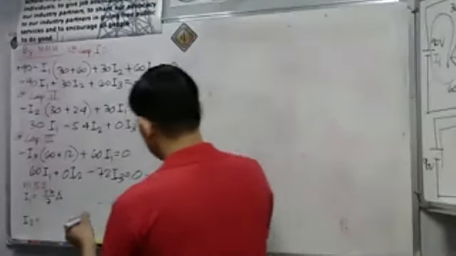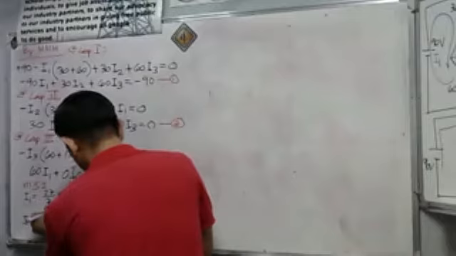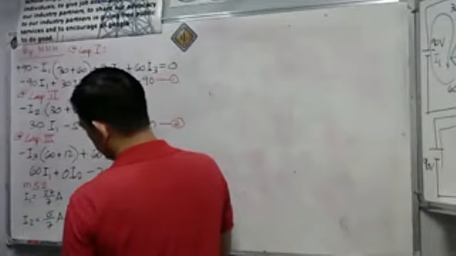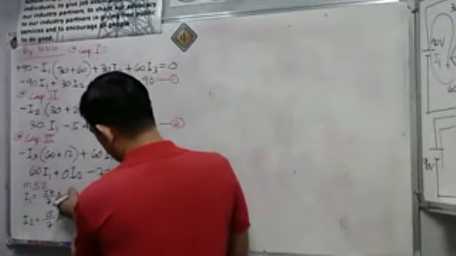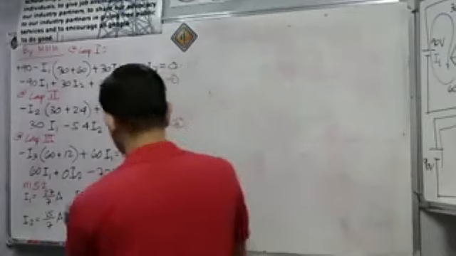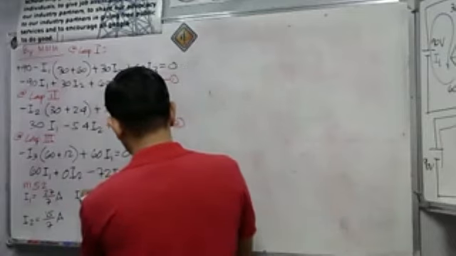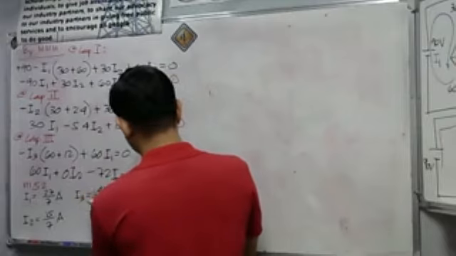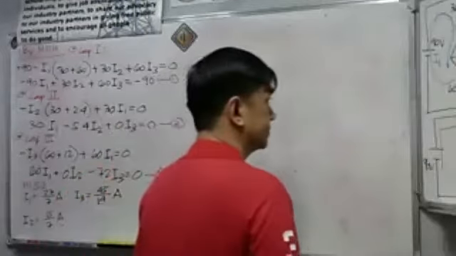So that will be 15 over 7 amperes. Then we have here our I sub 3, which is equal to 45 over 14 amperes.